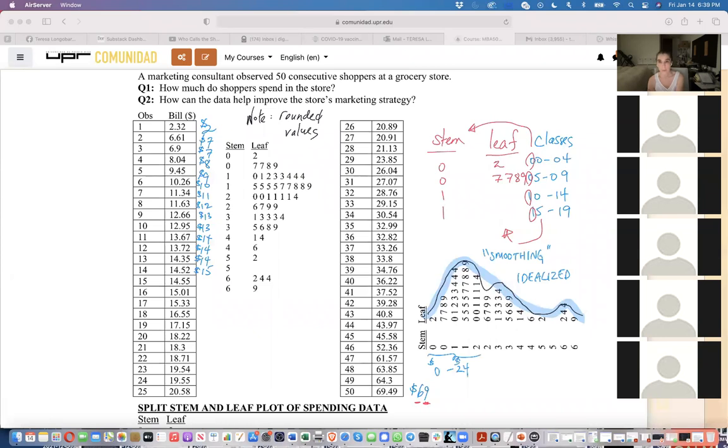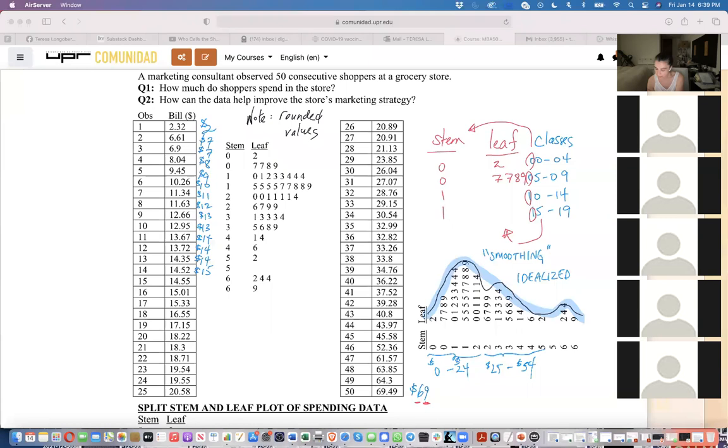And these shoppers are spending between $25 to $49. Or we can include this one here, even though it's low, 52. We're talking about the whole class, 54 to be precise. Yes. 54.